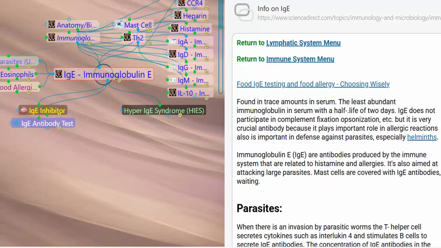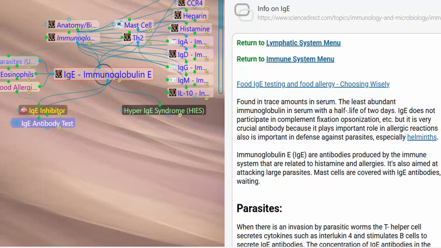It's crucial because it plays an important role in allergic reactions, and it's also important in defense against parasites, especially helminths. That's a type of worm. So IgE are antibodies produced that are related to histamine and allergies. It's also aimed, as I said, at attacking large parasites.